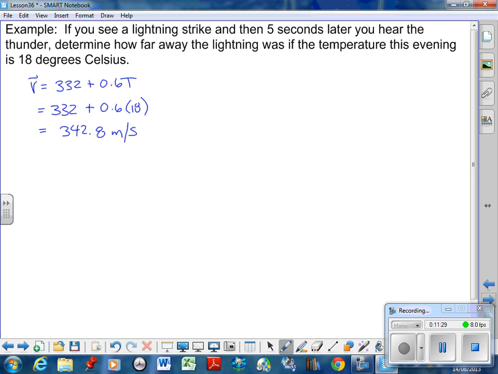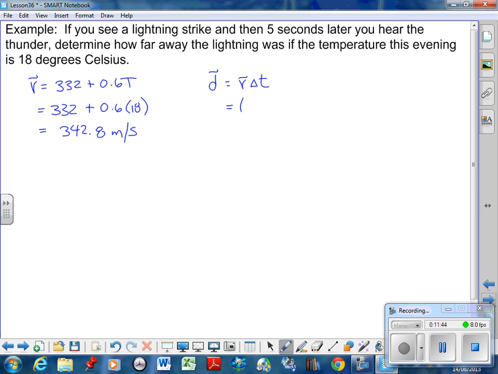Now, just going back to kinematics, since sound is not going to accelerate, okay, it's an energy source, it's a pulse that's been sent out, so it travels at a constant velocity. We can calculate its distance from our kinematics formula.